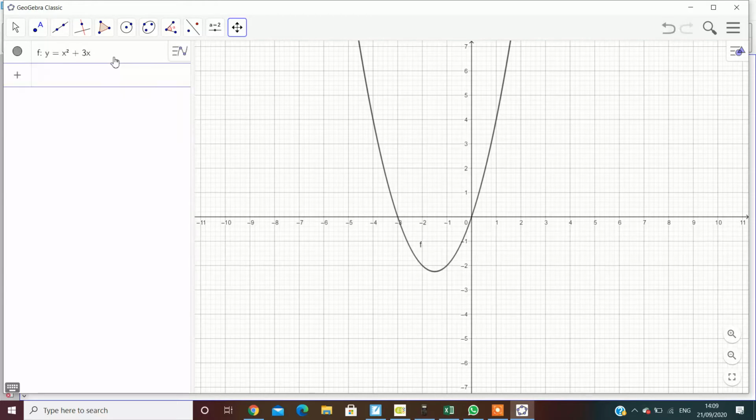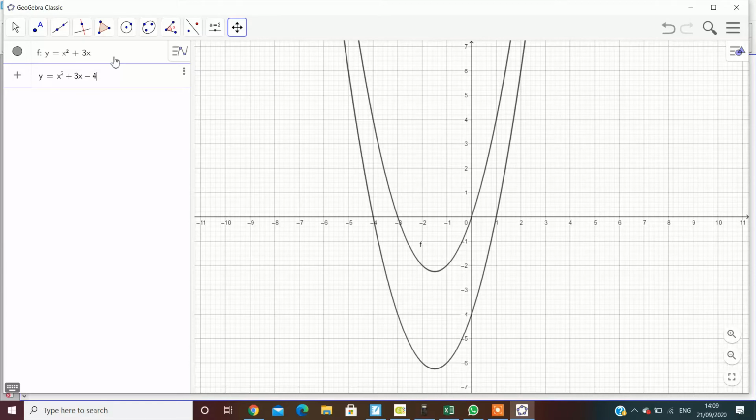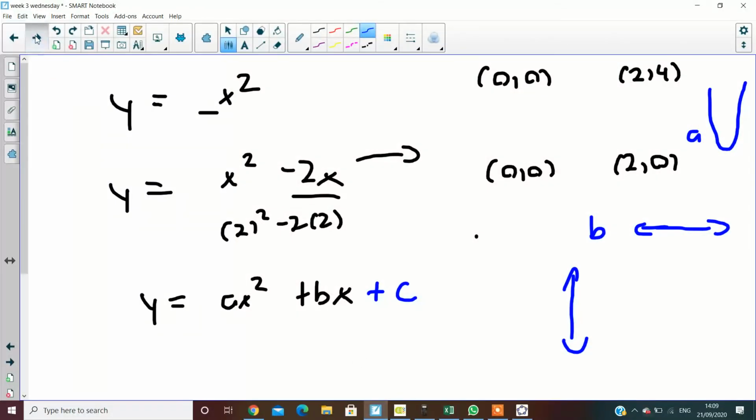Now, what happens if I take away 4? It stays in exactly the same position, except it drops by 4. Is that all right with you guys? Now we know what the A, B, and C values do. All right, awesome. Let's get to the questions now.